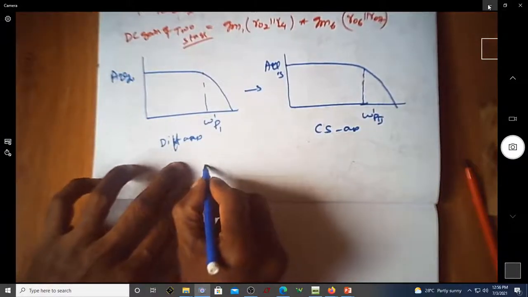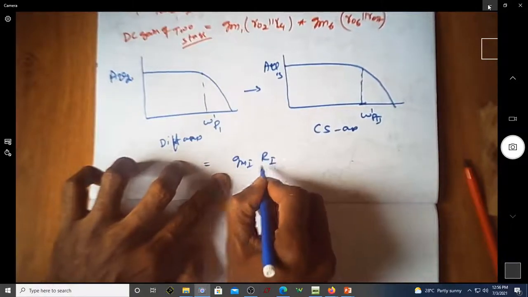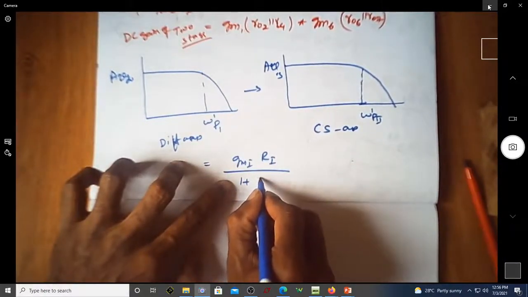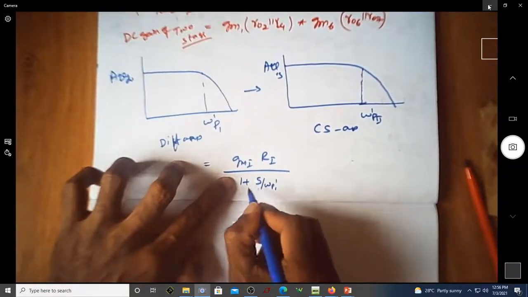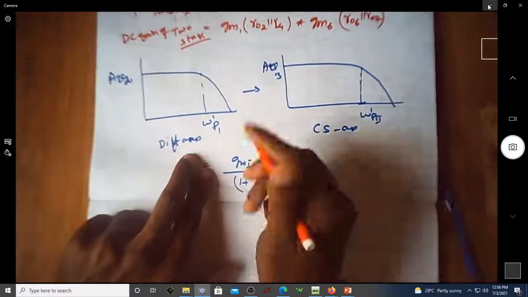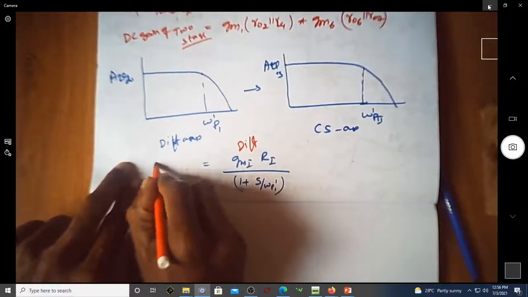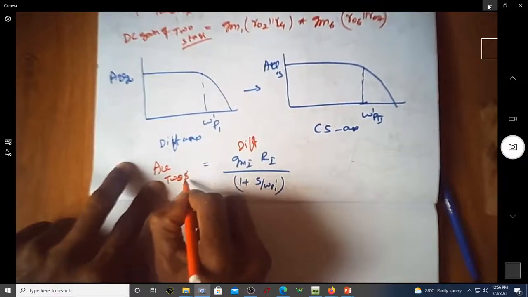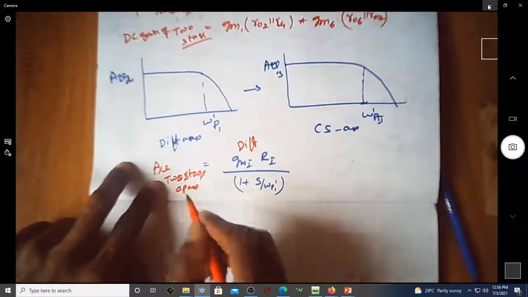So then I can write it as GM1 R1 divided by 1 plus S by omega P1 dash, and this is of the differential amplifier. This is AV of the two stage op-amp.